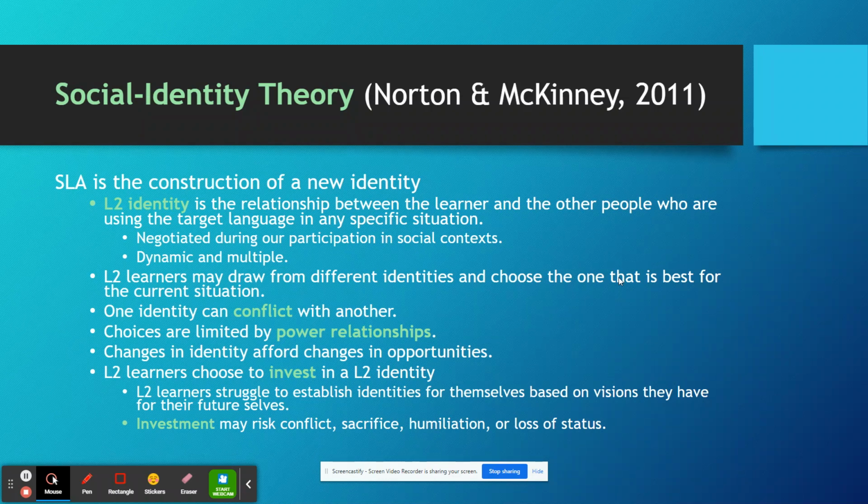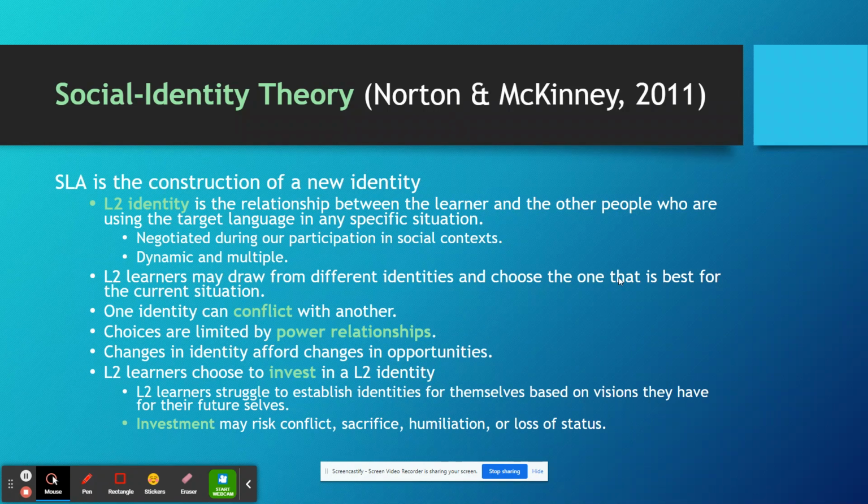Similar to conversation analysis's notion of language learning as participation, Norton argues that our identity is constantly being negotiated during our participation in social contexts. For this reason, identity is constantly in flux. It's not static. Second language learners, however, may find themselves interacting with multiple groups, and their language proficiency influences the outcomes of those interactions.